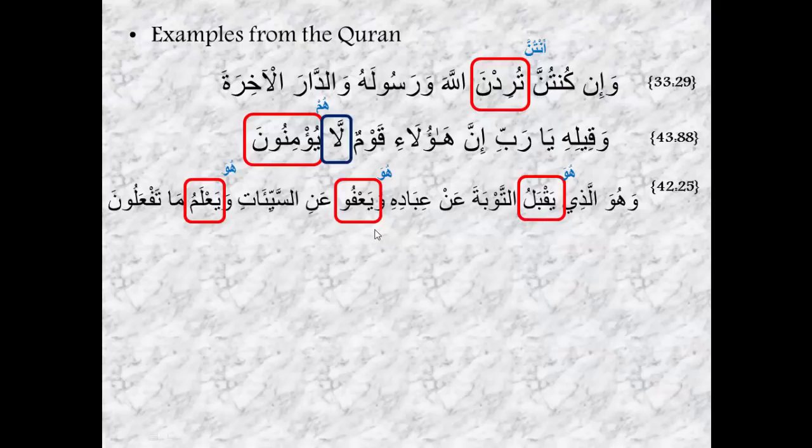Of course, all three verbs are talking about Allah subhanahu wa ta'ala. And it is He who accepts repentance from His servants, and forgives sins, and He knows what you do. So تَفْعَلُونَ, the fourth verb, what you do, conjugated for antum.